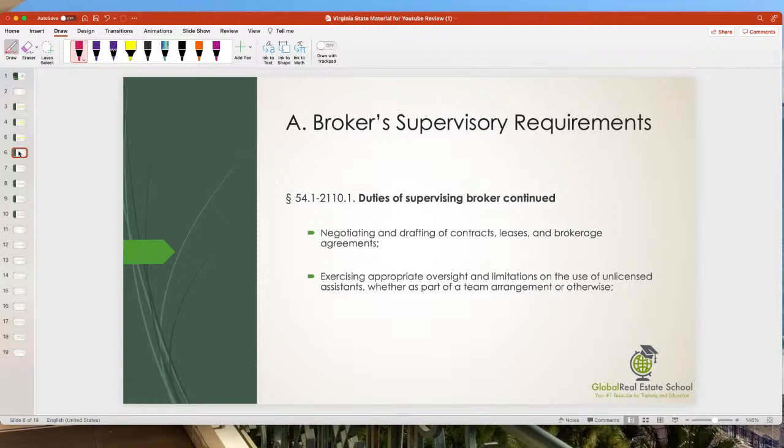Now, continuing on, we can see here, negotiating and drafting of contracts, leases, brokerage agreements. It's really important for you as a broker or a branch manager to provide the training that your agents will need for completing sales contracts or completing leases.